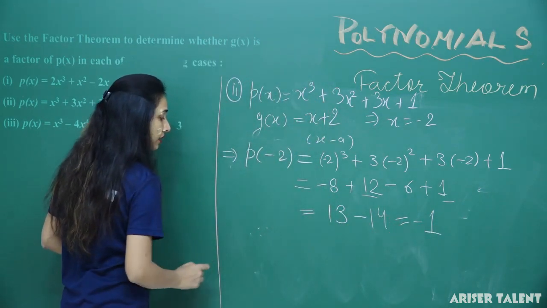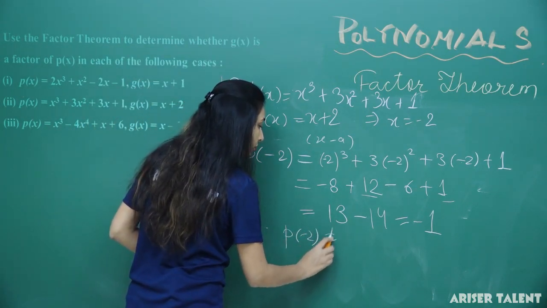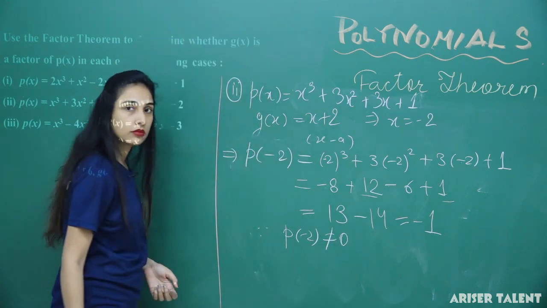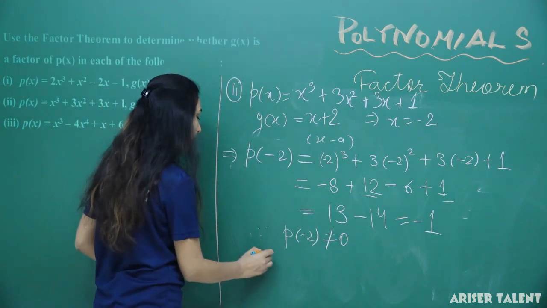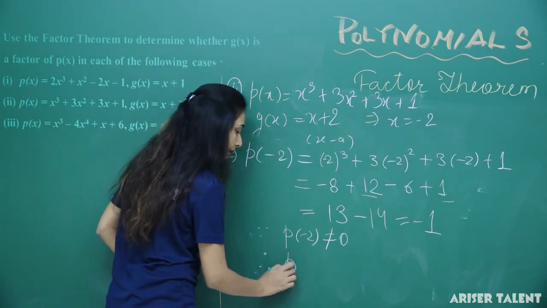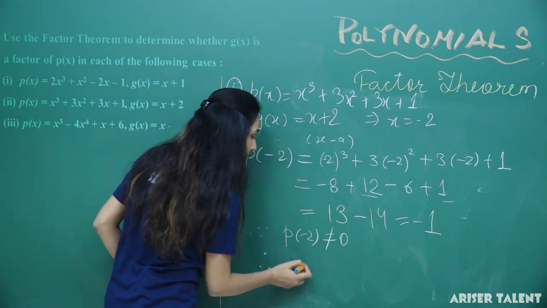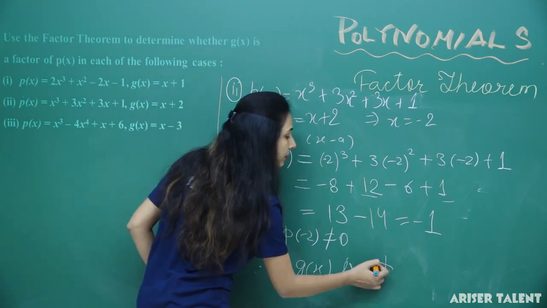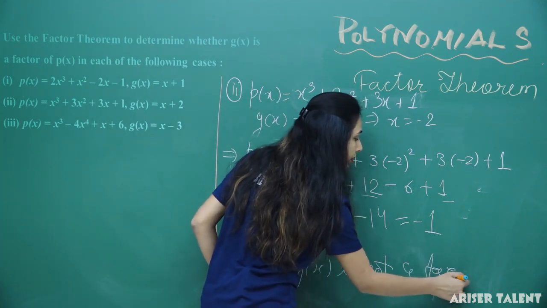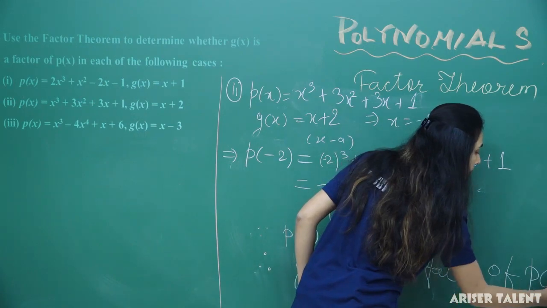This implies that since p minus 2 is not equal to 0, g(x) is not a factor of p(x).